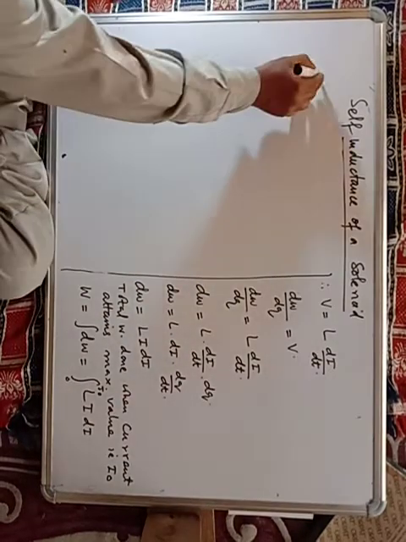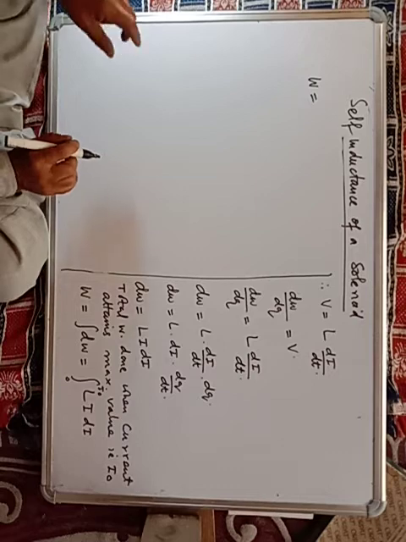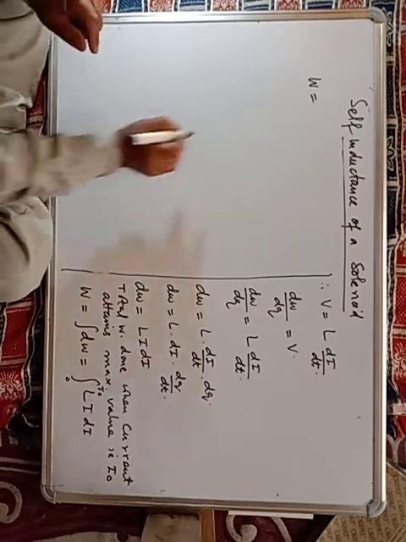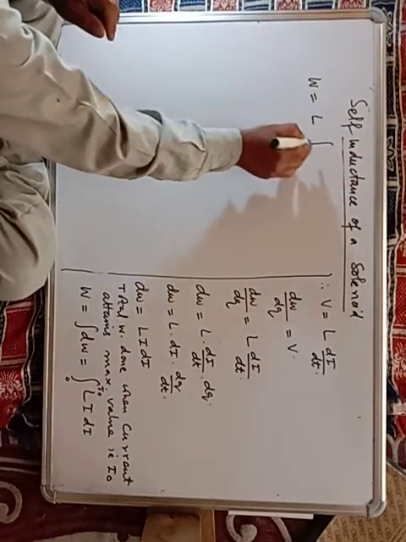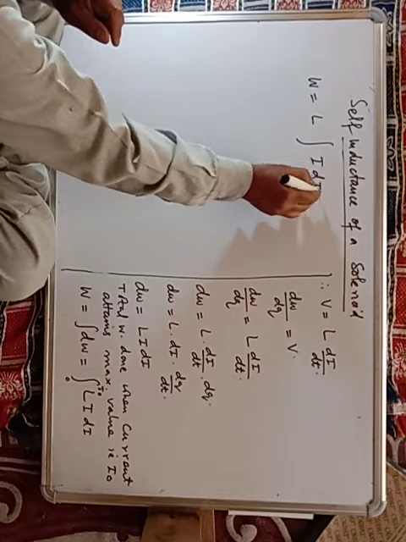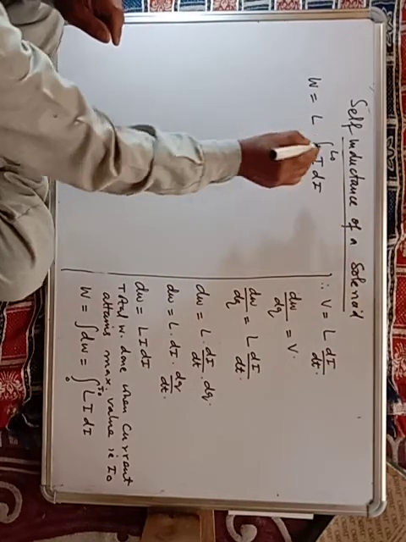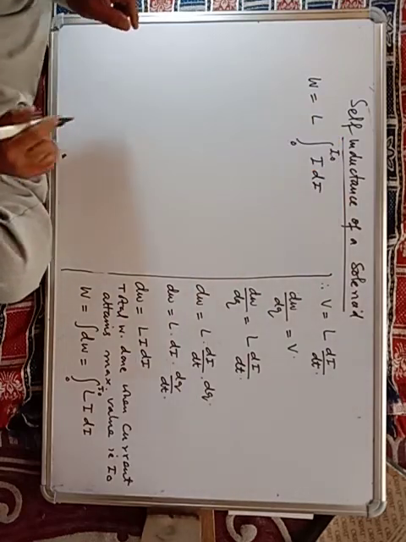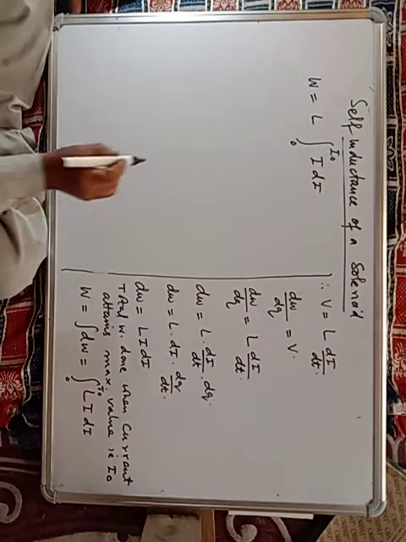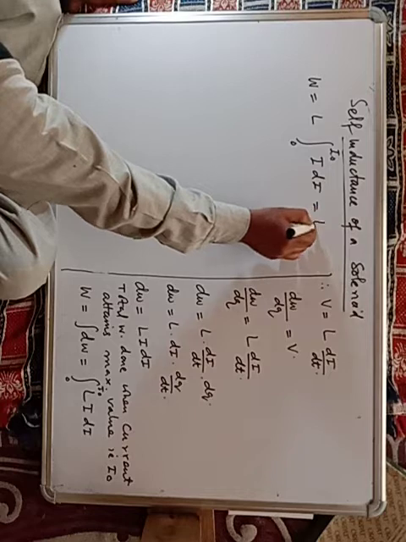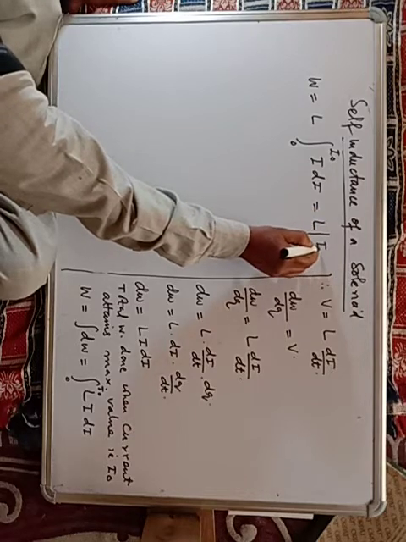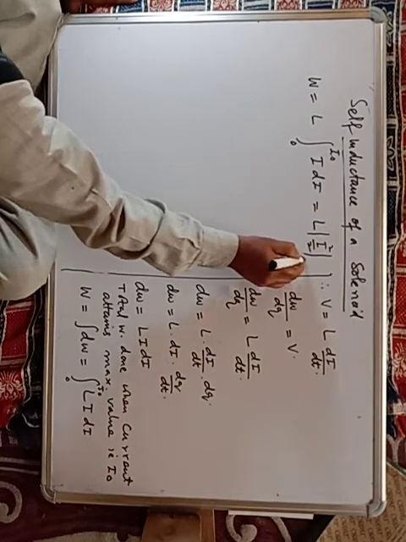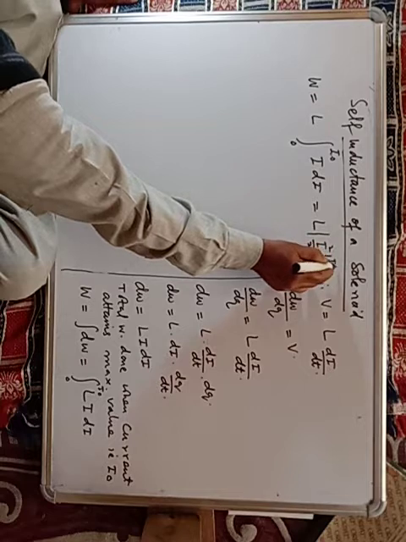So we can write here W is equal to L constant, so integration of I dI from 0 to I naught. The integration of I is I square by 2, so it will become L into I square divided by 2 from 0 to I naught.